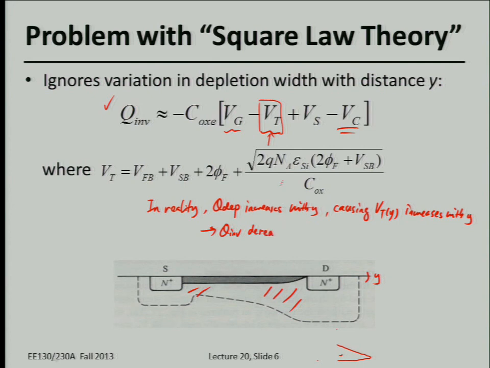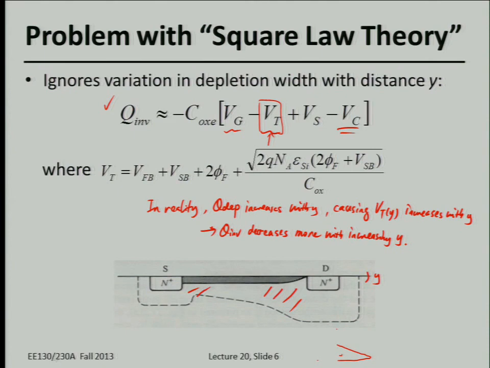decrease more with increasing y, right? So even under our first order assumption, we know that inversion charge is going to keep decreasing here, because you have a higher potential here and end up with a larger depletion width, due to the larger contribution of voltage drop from the drain, which is biased at a high voltage.